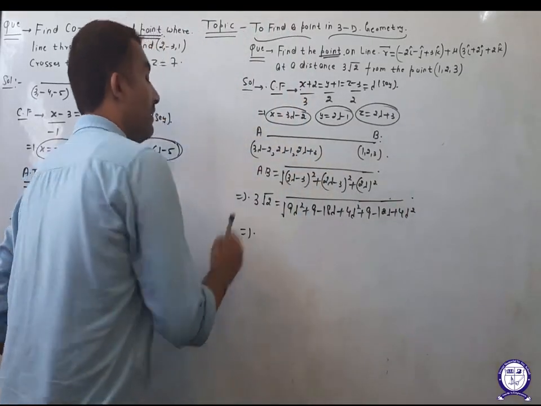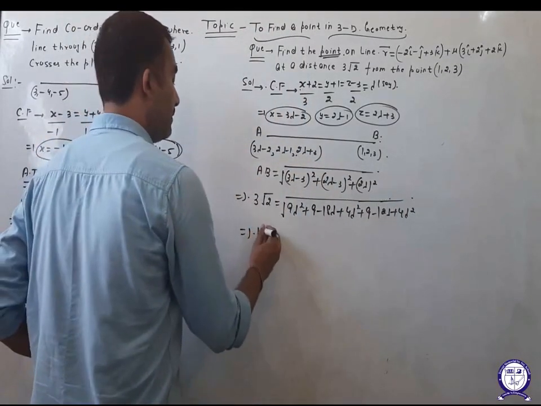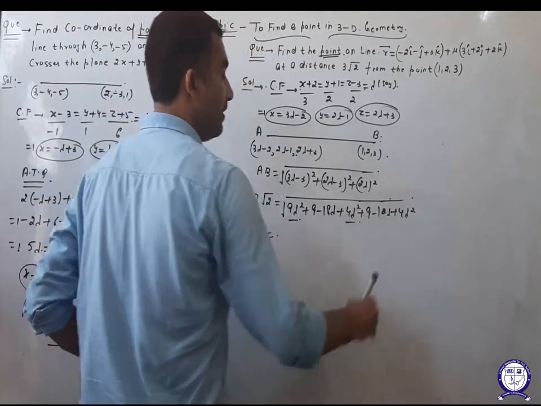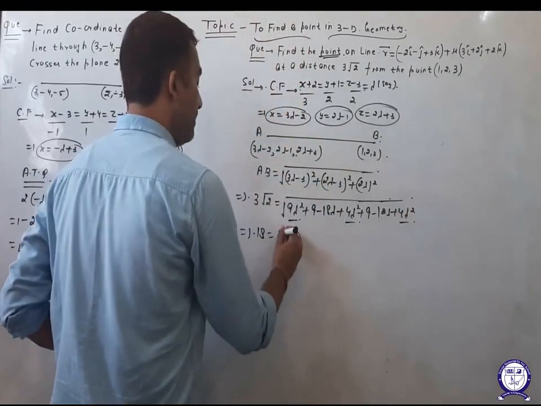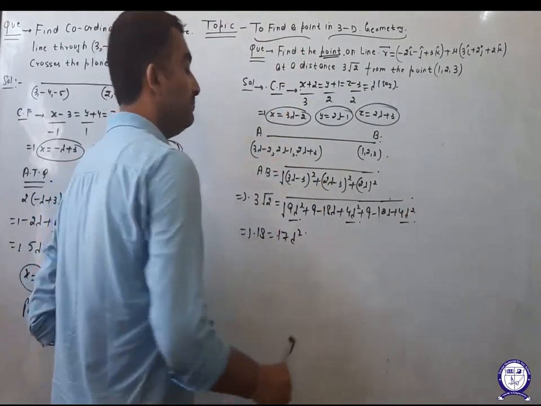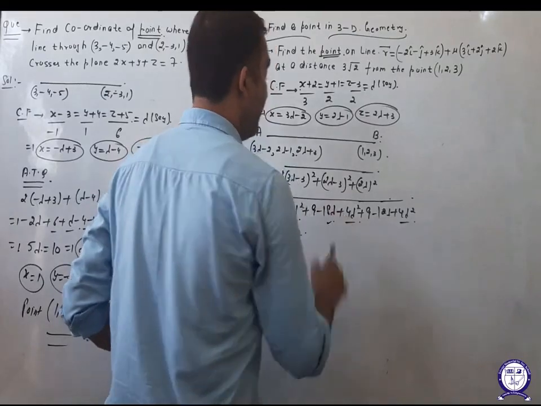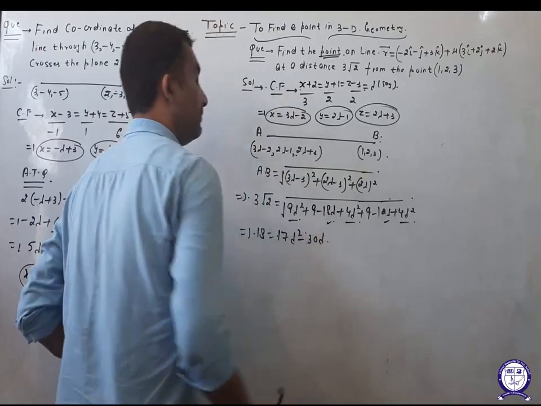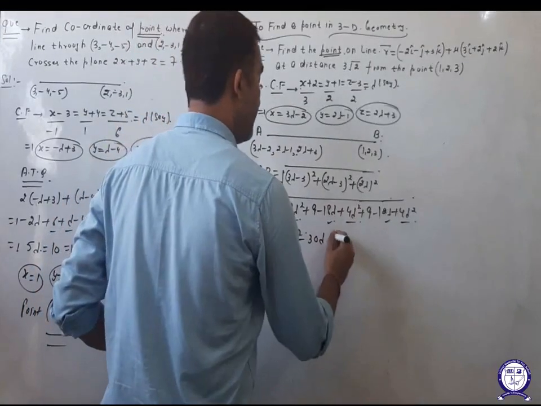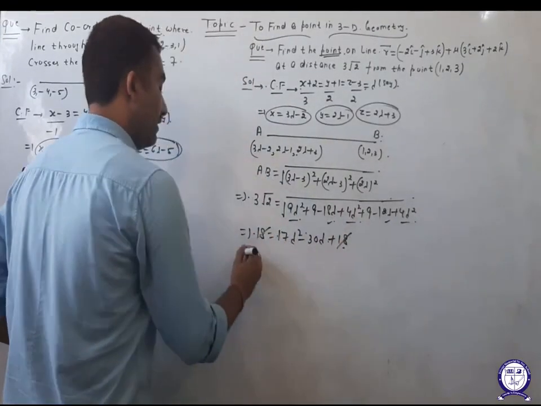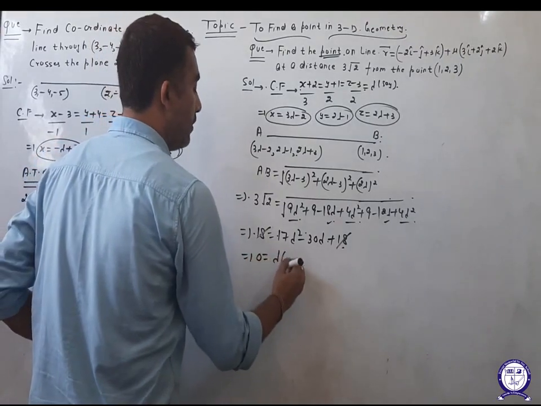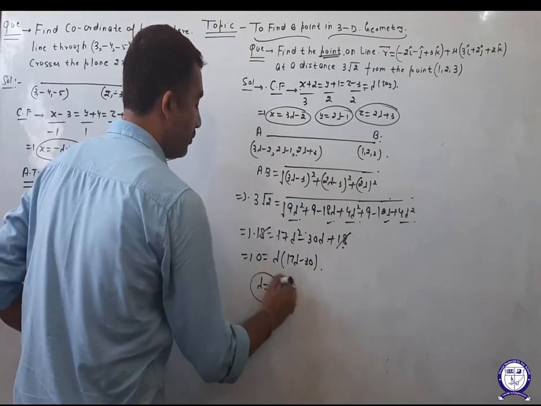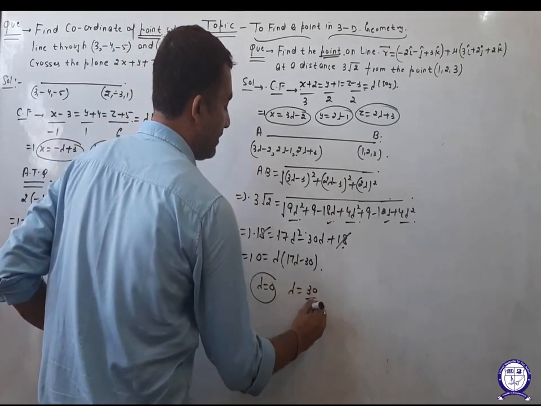Squaring both sides, 3 square is 9, into 2 is 18, and we get 9 lambda square plus 4 lambda square plus 4 lambda square, it becomes 17 lambda square. We get minus 18 lambda minus 12 lambda, that is minus 30 lambda. As we get 9 plus 9, that is 18, it cancels out. So 0 is equal to lambda into 17 lambda minus 30. We get lambda is equal to 0 and lambda is equal to 30 by 17.